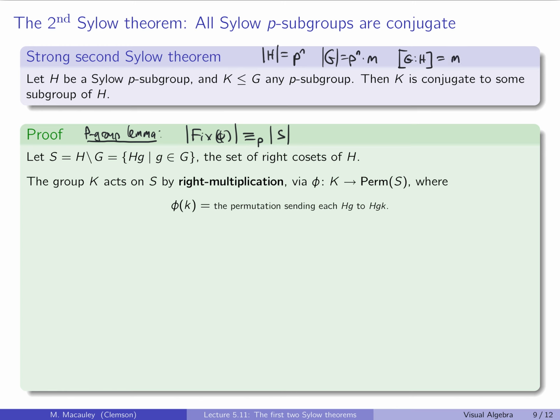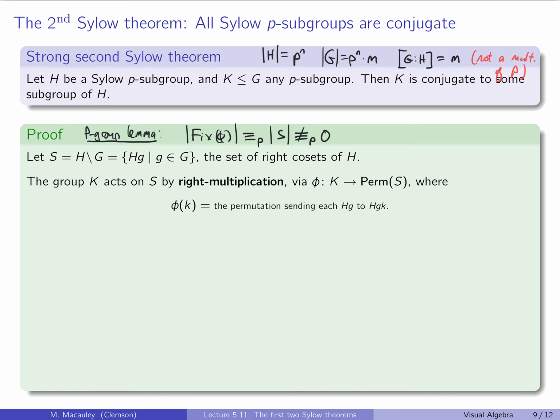And that is not a multiple of p. So in other words, the right-hand side is not 0 mod p, because p to the n is the largest power of p that divides the size of the group.